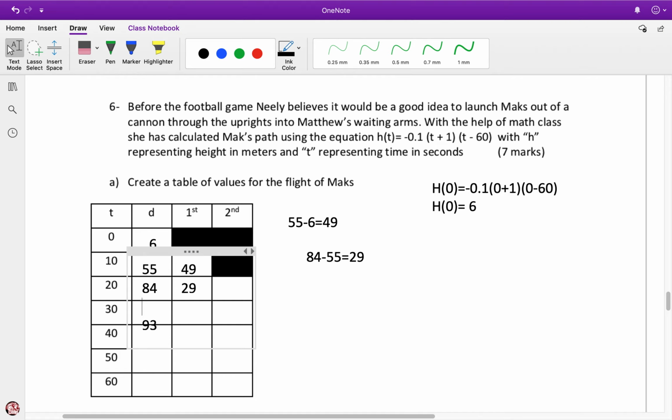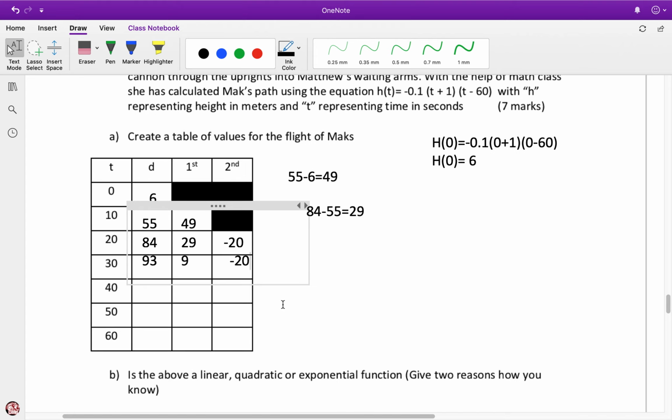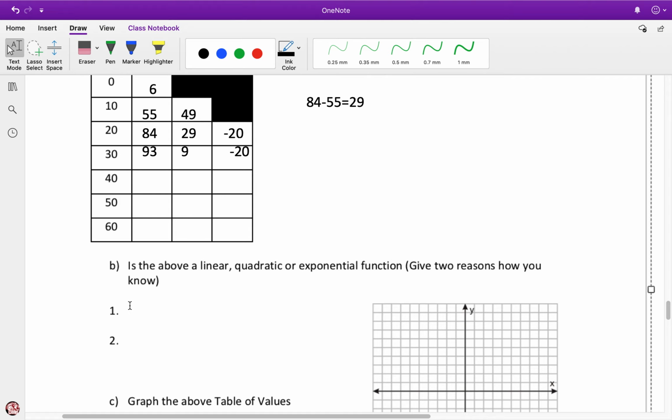The difference between these two is 20, so it's going to be negative 20. If we do the difference between these two again, it's going to be negative 20, and so on and so forth. So we know it's a quadratic because of the second differences.